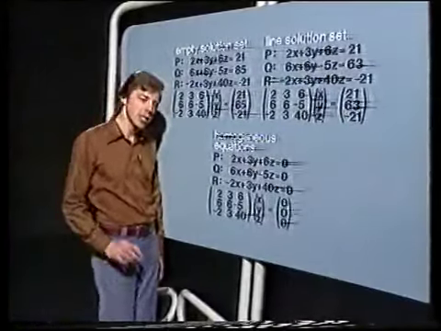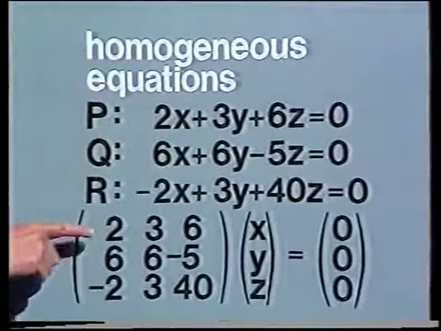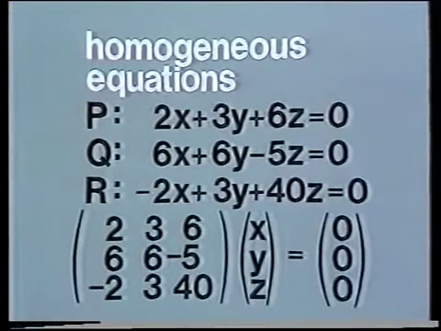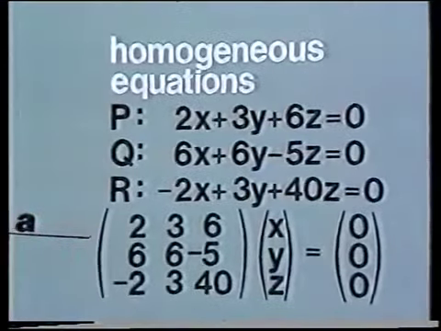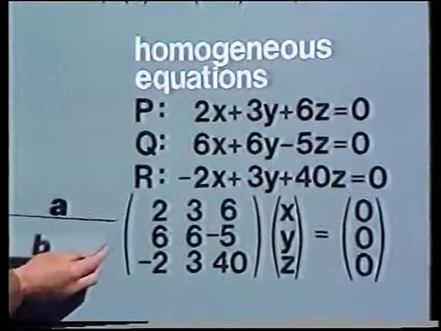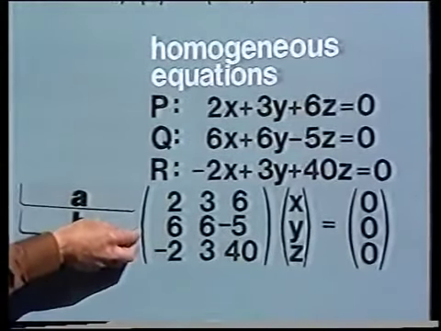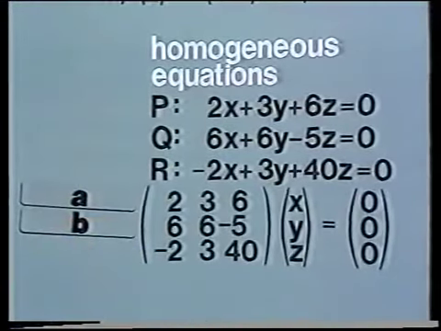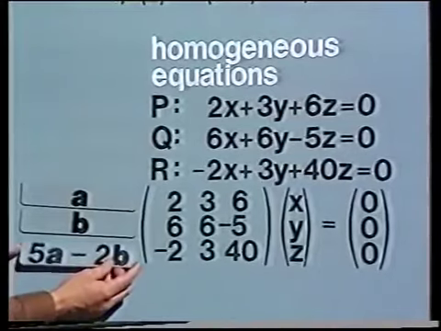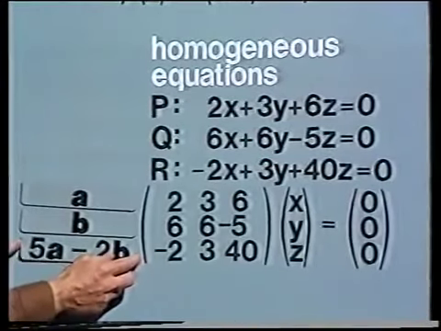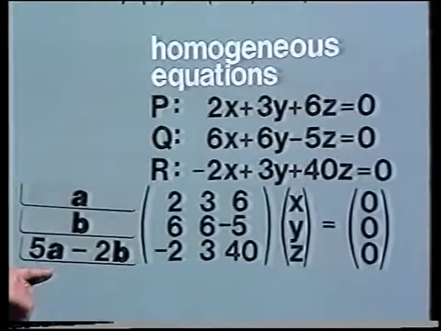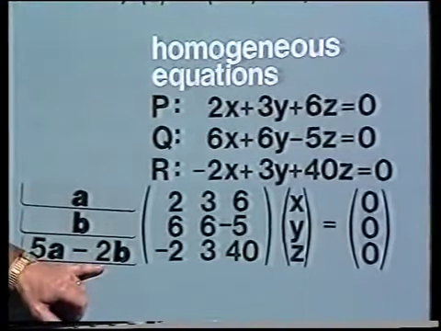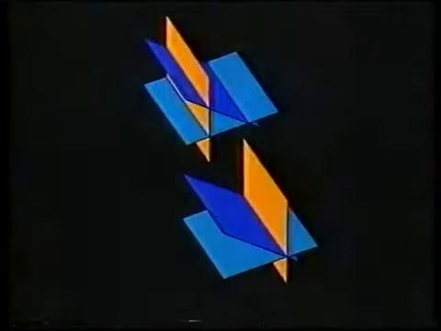What does that mean then in terms of our matrices? Well, the rows of the matrix are essentially just the coefficient vectors, and so the first row is the coefficient vector A, and the second row is the coefficient vector B. And it turns out, and you can check this for yourself, that the third row can be expressed as a linear combination of the first two. C is just 5A minus 2B. And now we're in a position to distinguish between these two cases.